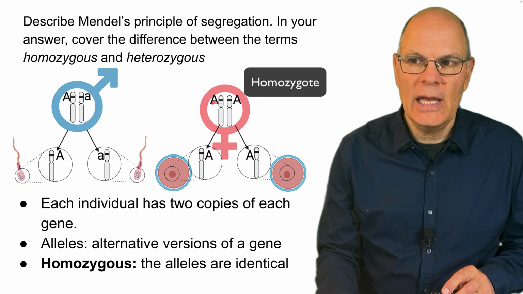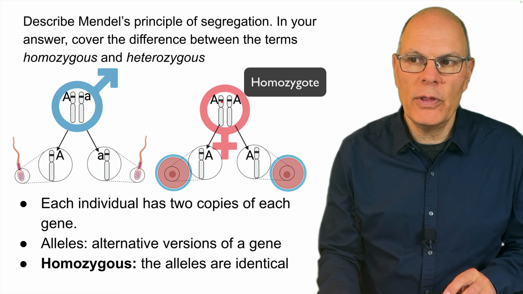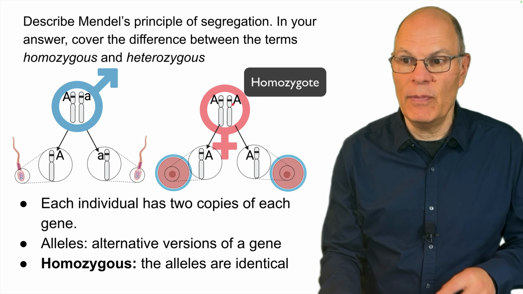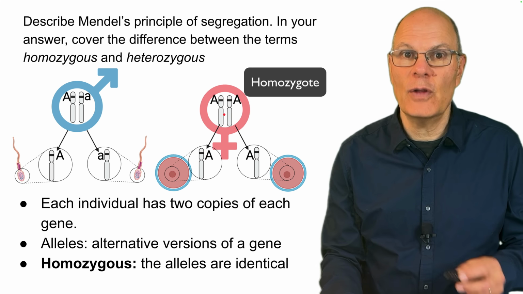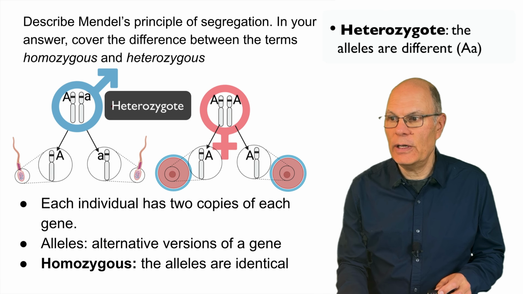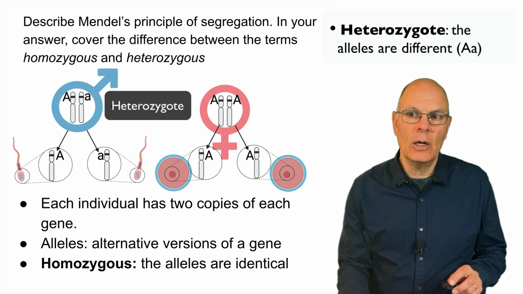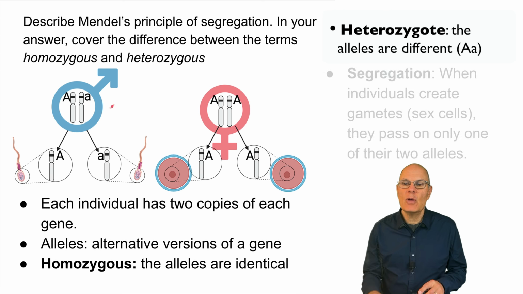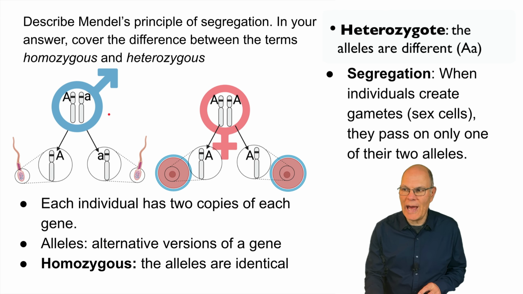For example, in this parent over here, both of the alleles are designated with a capital letter A. They're the same. This person is a homozygote for this particular gene. In a heterozygote, the alleles are different. In this individual over here, one of the alleles is capital A, and one of the alleles is small a. The principle of segregation shows what's happening here.